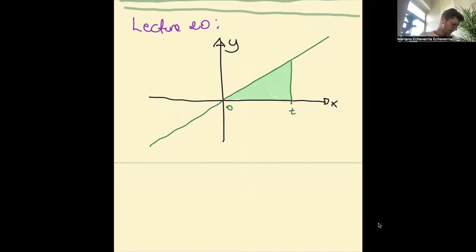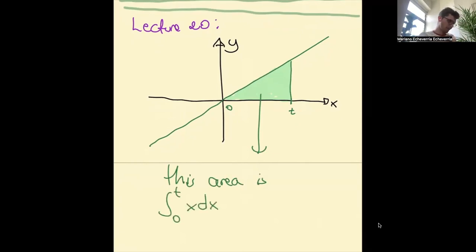I'm going to find the area. What's this area? Is that making sense? Because this notation just means I want to find the area of this function starting at 0 and finishing at t. So this area is being represented by this symbol of the integral.